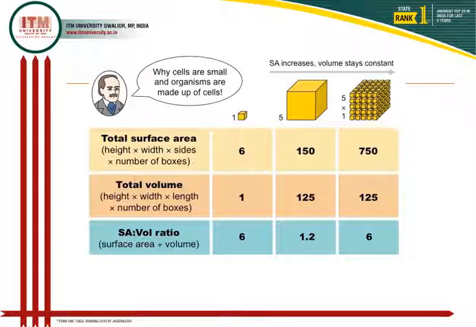As the surface area increases, the volume stays constant. You can say here the surface area is continuously increasing, then total surface area will also increase, and volume will be the same.